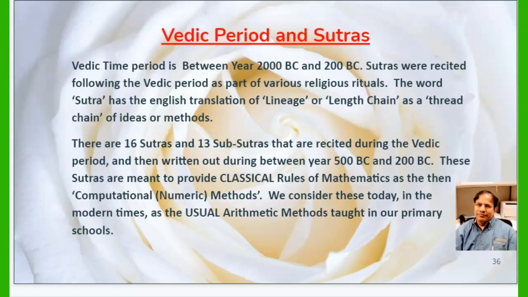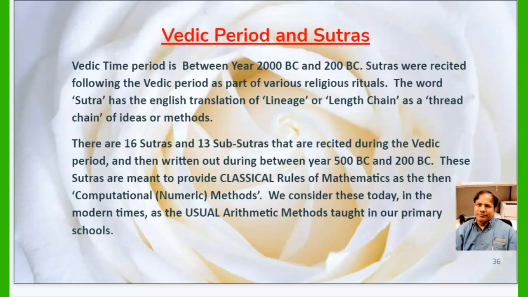Now, the Vedic period and Sutras. The Vedic time period is between the year 2000 BC and 200 BC. Sutras were recited during the Vedic period as part of various religious rituals.